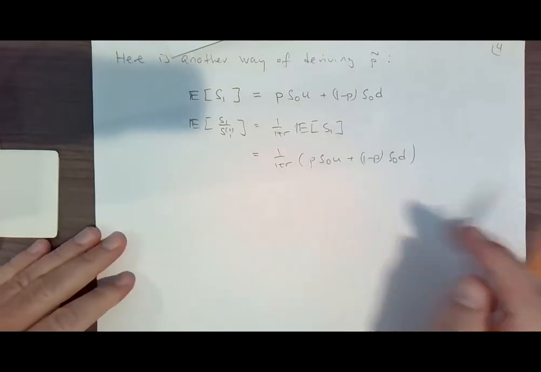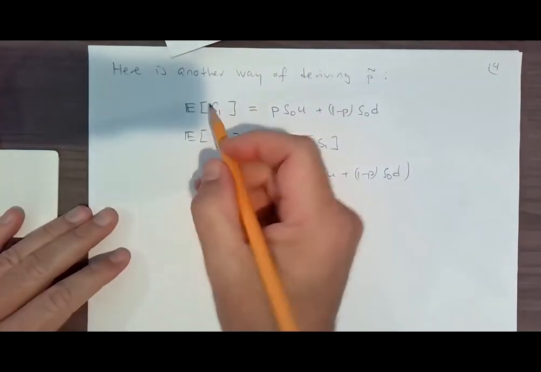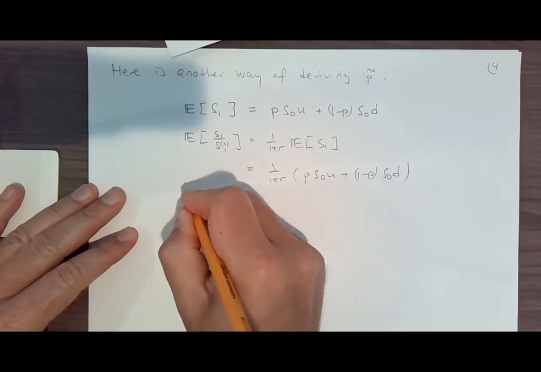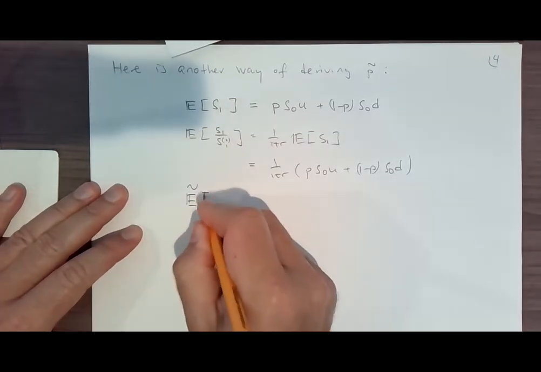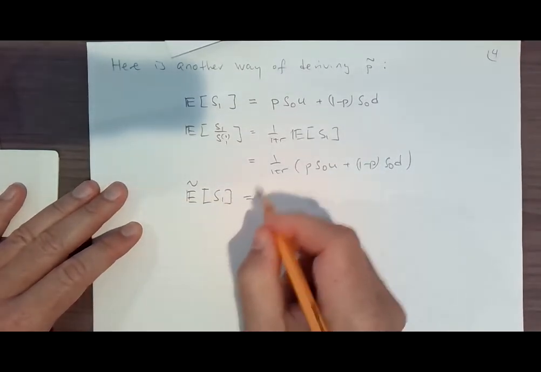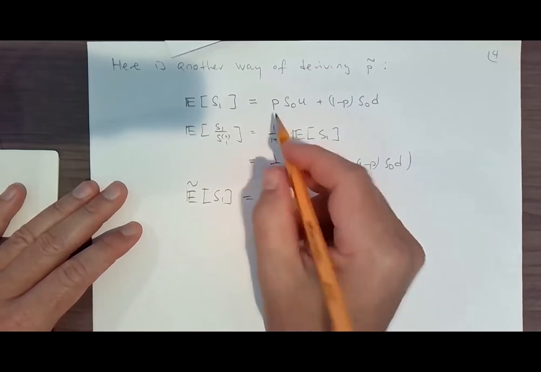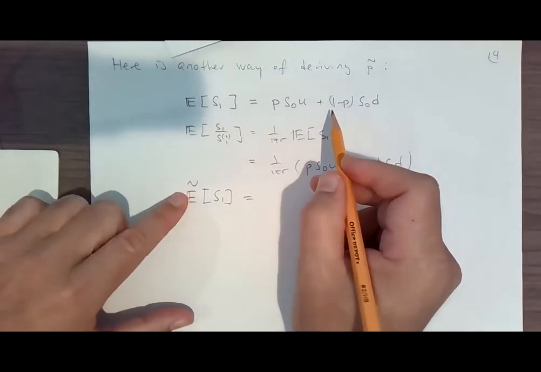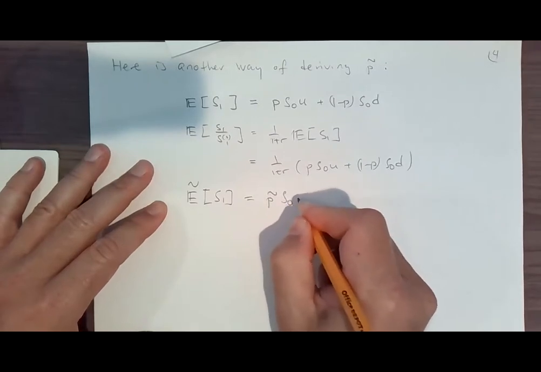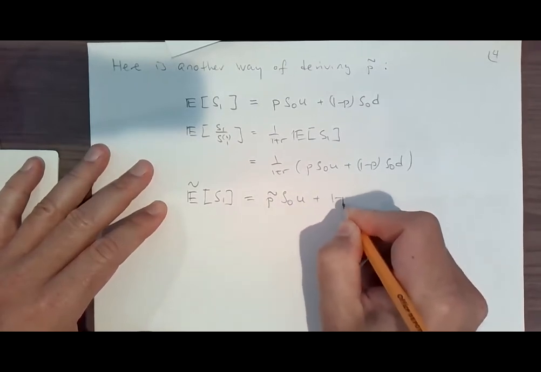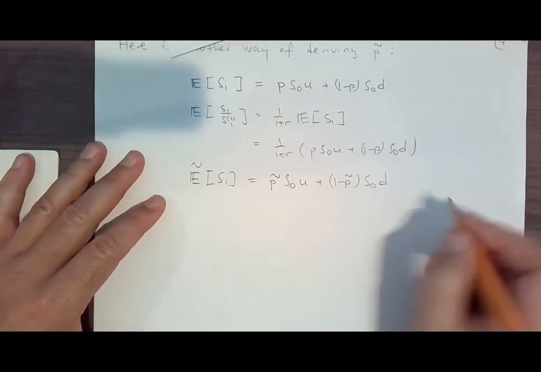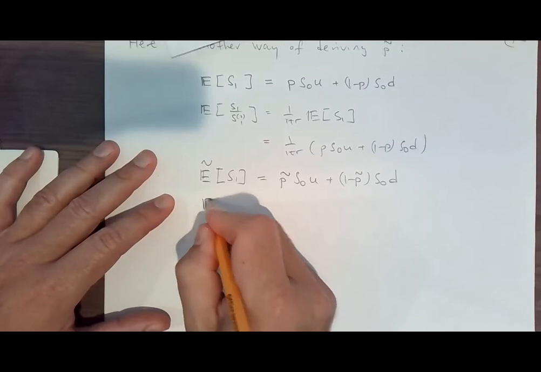So here we have p's. Now we can switch over and we can also compute the same quantities, but under the p tilde measure. So if I compute under the tilde measure, I put a tilde on top of E, and then I write the expectation of S1. It's basically the same formula. The only difference is that instead of p's, I need to use the other probabilities, the p tildes. And then if I want to discount, I can compute the discounted stock price.